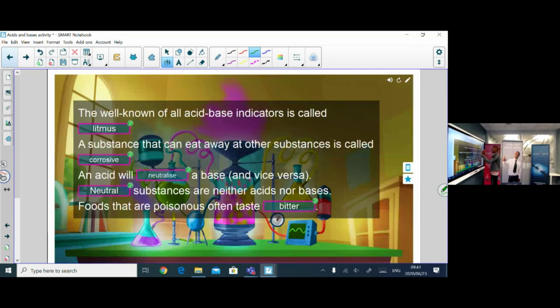A well-known substance that is an indicator for acids and bases is litmus. Substances that eat away at others are said to be corrosive. An acid will neutralize a base. Neutral substances are those that are neither acids nor bases. Foods that are poisonous will normally taste bitter.